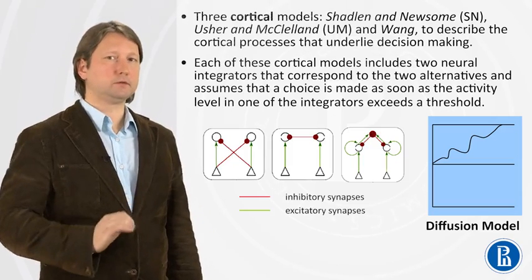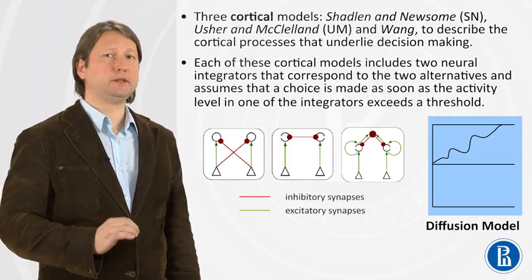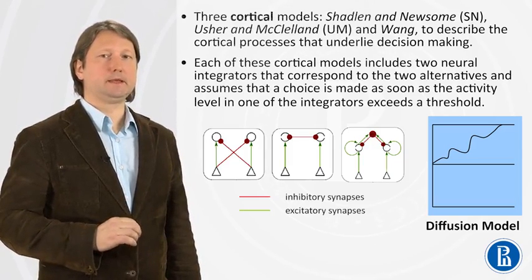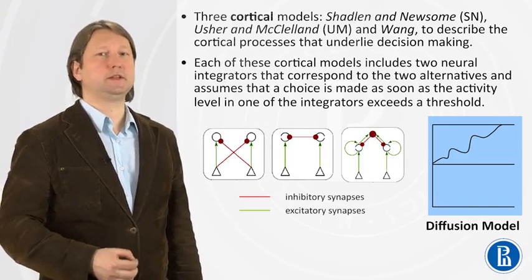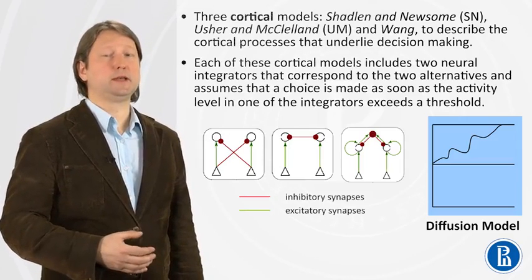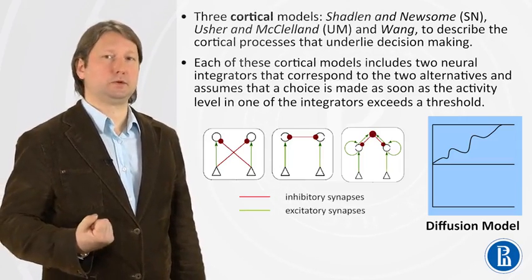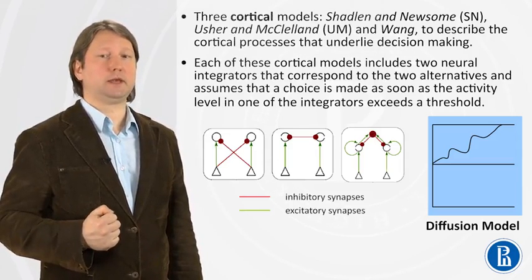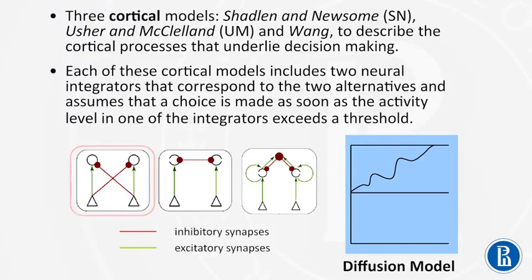So actually, the diffusion process can be implemented very differently at the level of the brain. Here I show you three different designs of the neuronal networks that can implement the diffusion process during decision making. You see here that detectors, for example motion detectors, can suppress alternative integrators accumulating information for alternative decisions. Or we can imagine that integrators, or decision-making neurons, can inhibit each other, can inhibit alternative decisions.